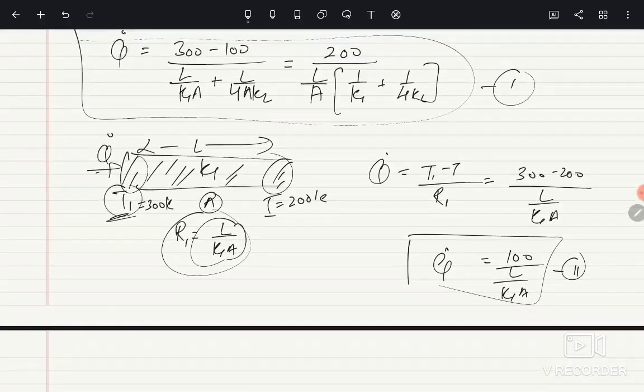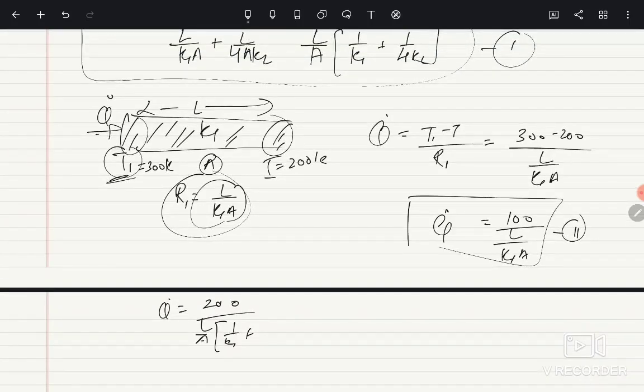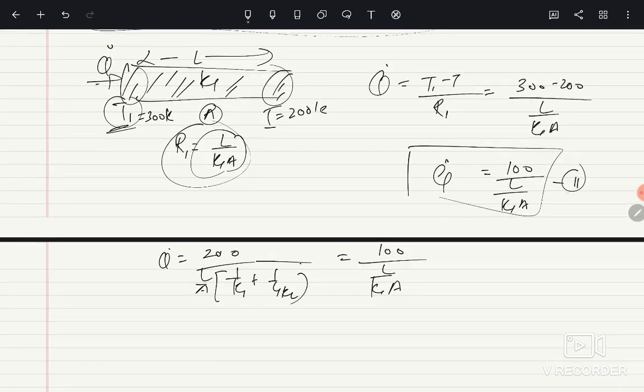The first equation is Q equal to 200 by L by A times 1 by K1 plus 1 by 4 K2, equal to 100 by L by K1A. This is the second. We have equated first to second.